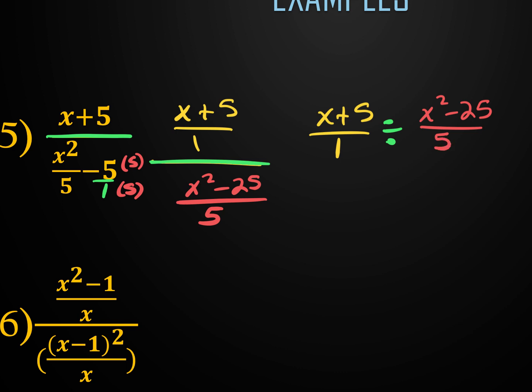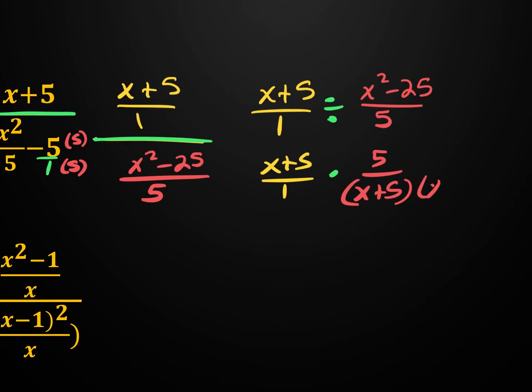I need to change it to multiplication. Now when I go to flip this, I'm going to go ahead and just factor the x squared minus 25. I'm going to make it x plus 5 and x minus 5. I factored this difference of 2 squares, and then I made it this.